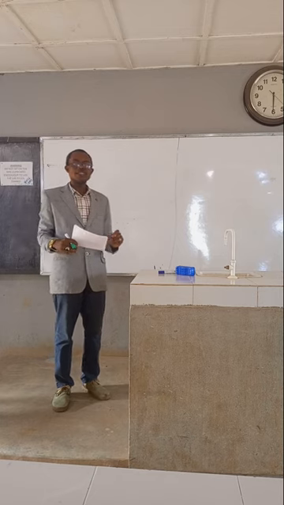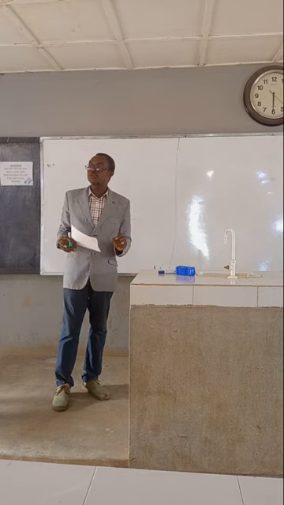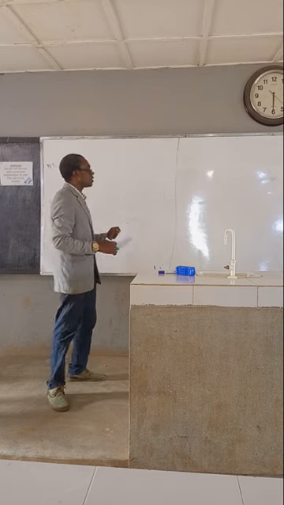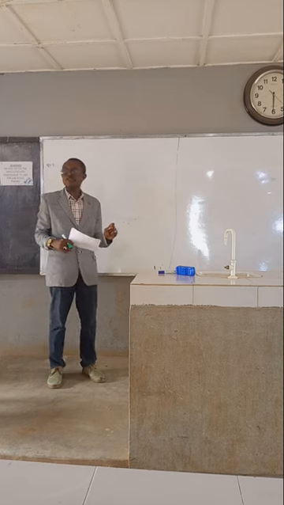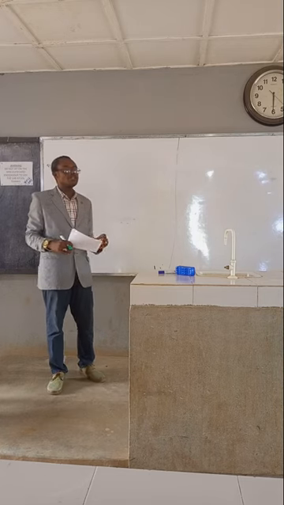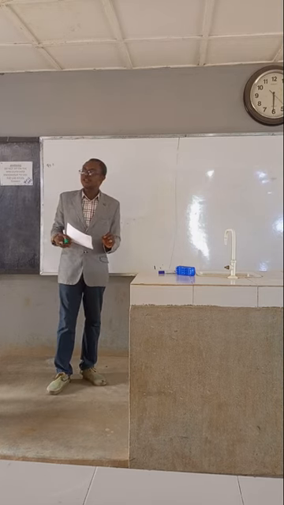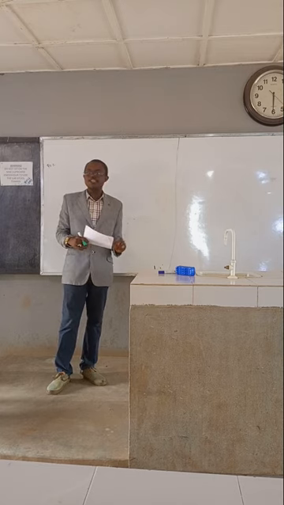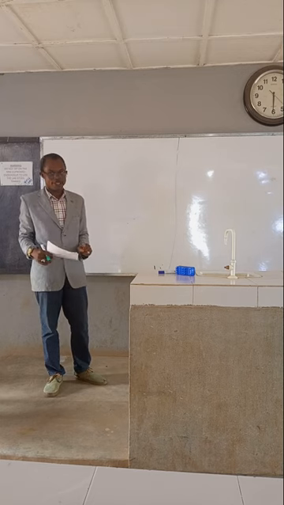But in today's class, beyond that, we want to quickly look at what we call average speed. I told you that average speed has to do with the total distance covered over the total time taken. For example, you want to move from location A to location B, and the distance between A and B is 100 meters.